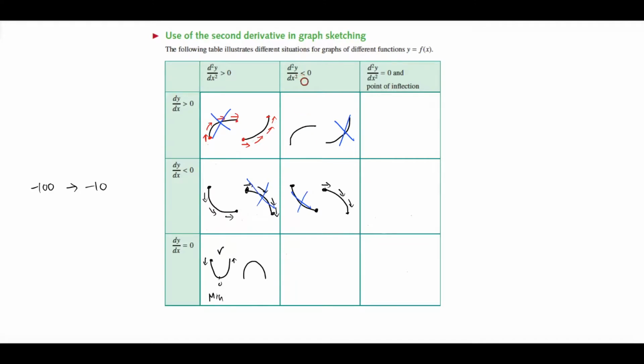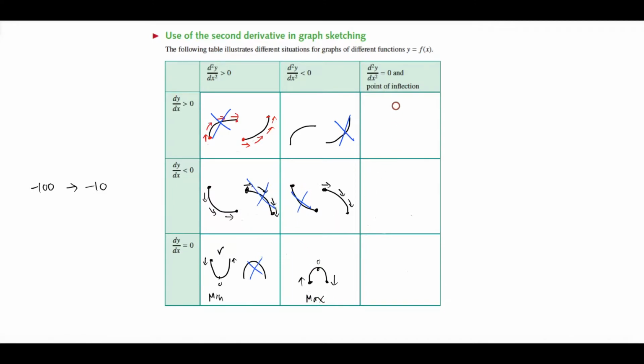And when the second derivative is smaller than 0, then of course we pick the other one, which is your maximum. It makes sense, guys, so do not pick this one right here. For this part, the gradient is very positive on the left, it becomes 0, and then eventually it becomes very negative. So the gradient is decreasing over time, just like this, concave down, right? So you get a maximum, okay?